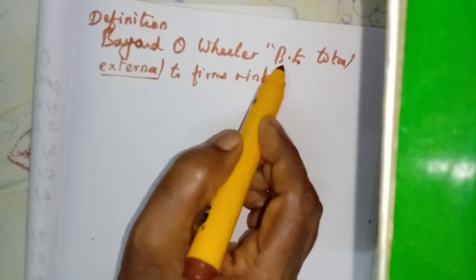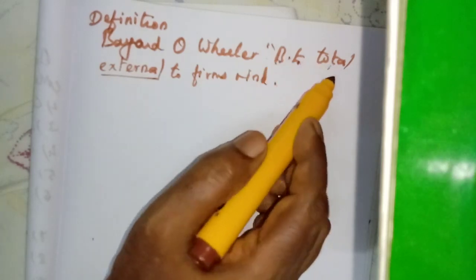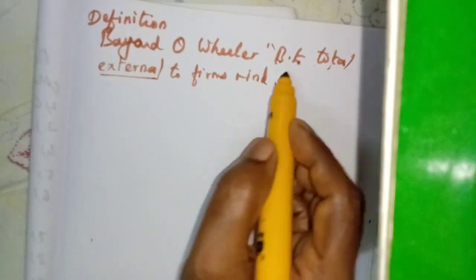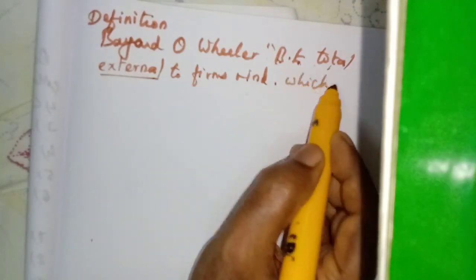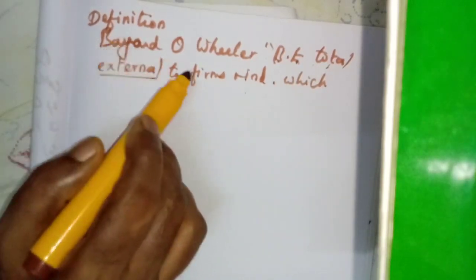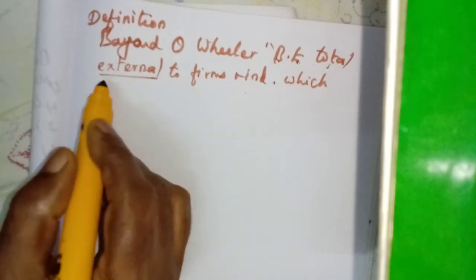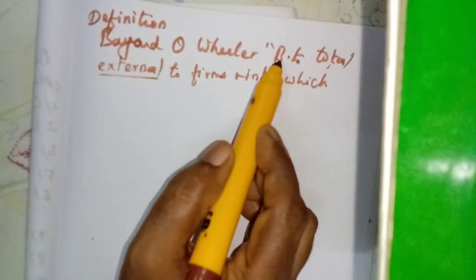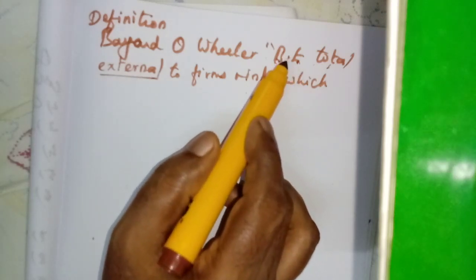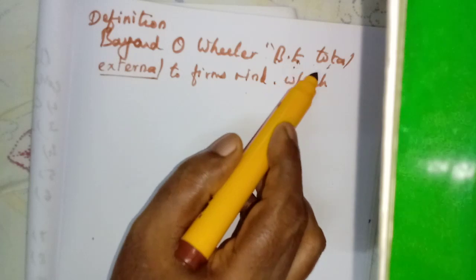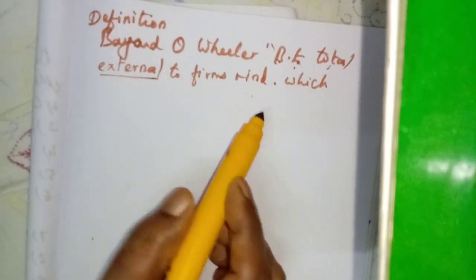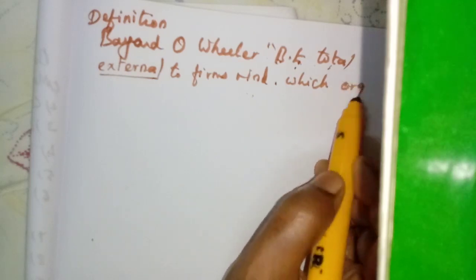What he says, business environment is the total of all things external to firms and industries which affect their organization and operation. Once again his words, because it is one of the very short answers: business environment is the total of all things external to firms and industries which affect their organization and operation.